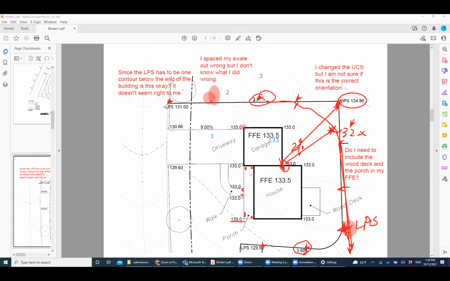And then you need the one that I underlined, your 133.0 as the ground of the porch, not on top of the porch. And all the other spots, they need to be marked on the paved surface.